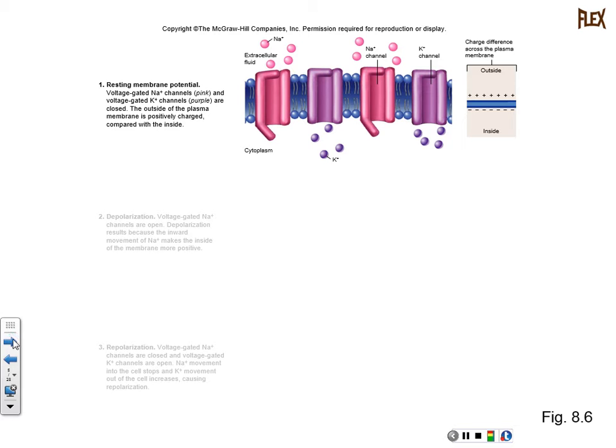At rest, there's always a bunch of sodium on the outside and a bunch of potassium on the inside. When we depolarize, we just reverse them around, and then sodium is more inside and potassium is more outside.